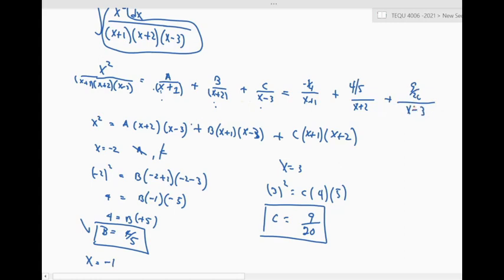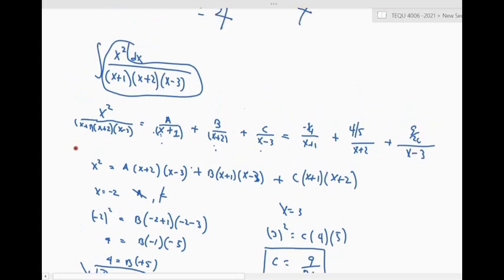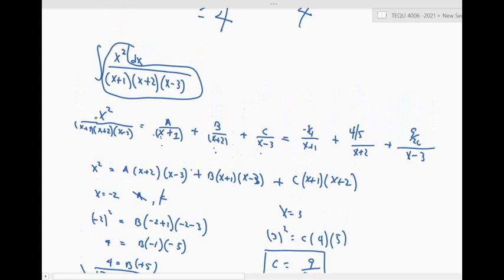All right, so we converted the function that is here into these three partial fractions.